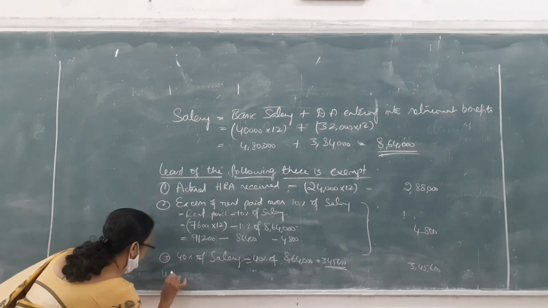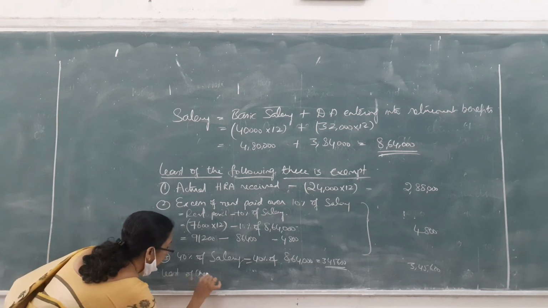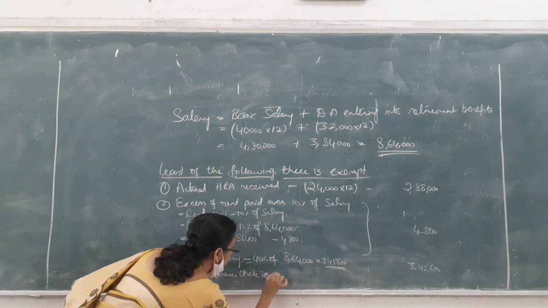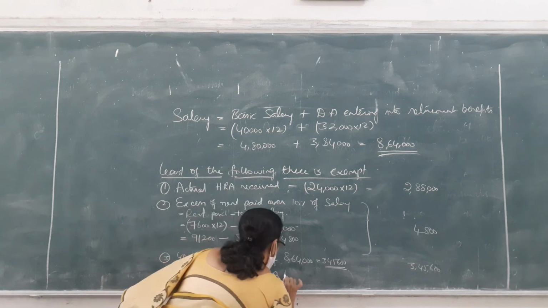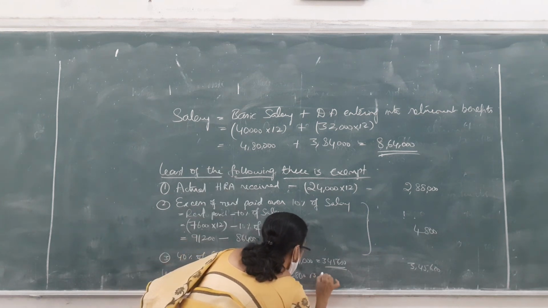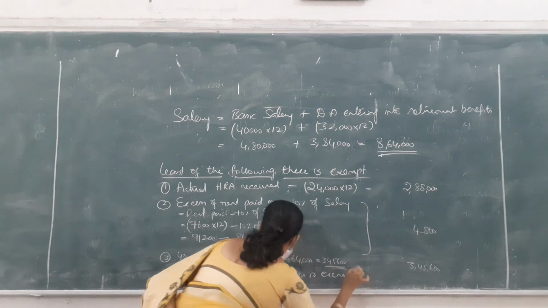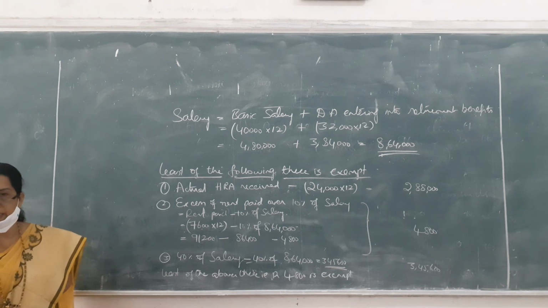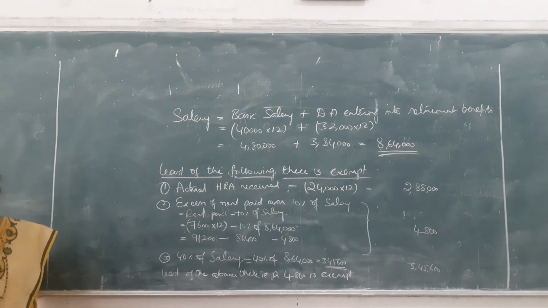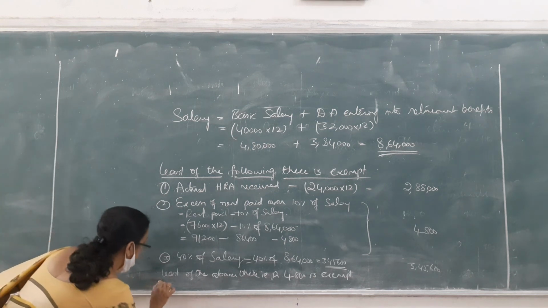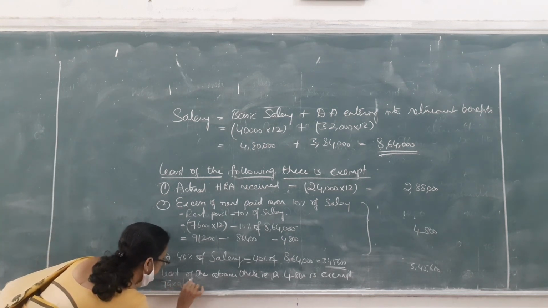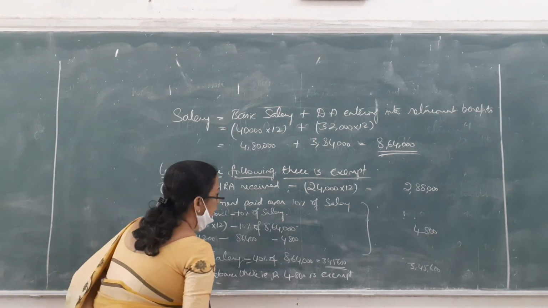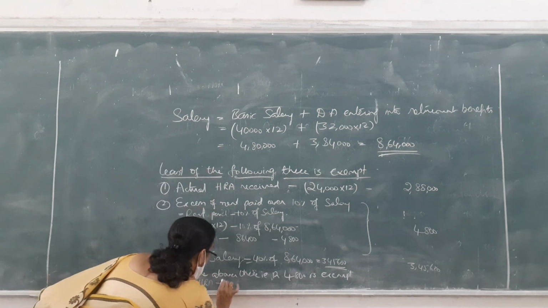Least of the above three, that is rupees 4,800, is exempt. Taxable HRA is equal to actual HRA minus exempted HRA.